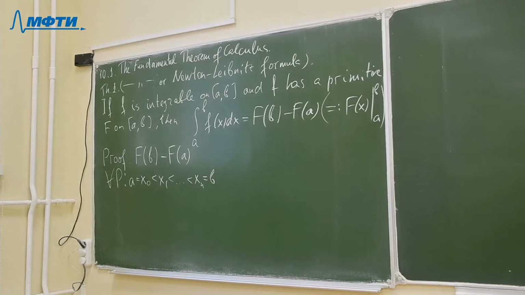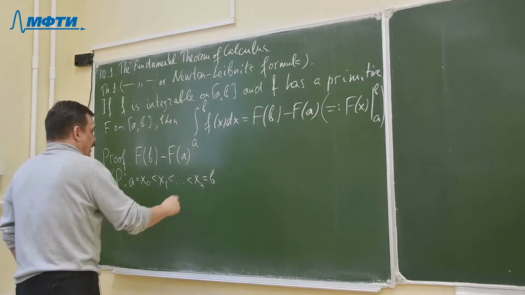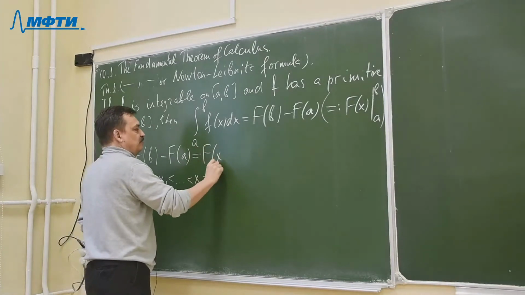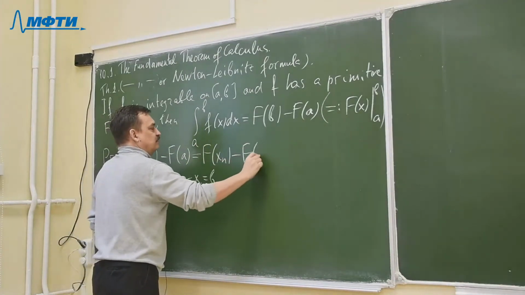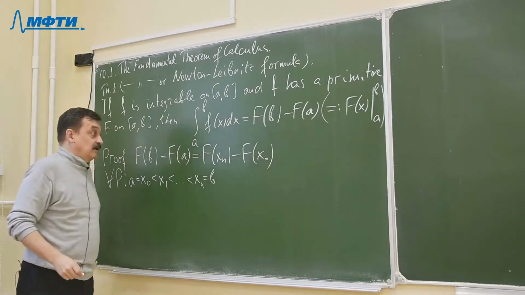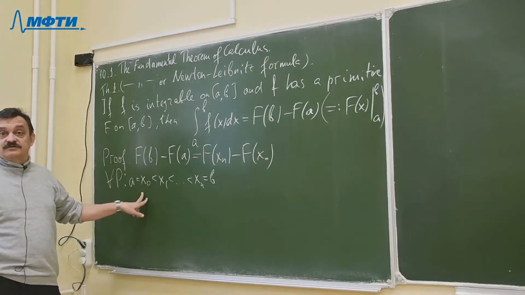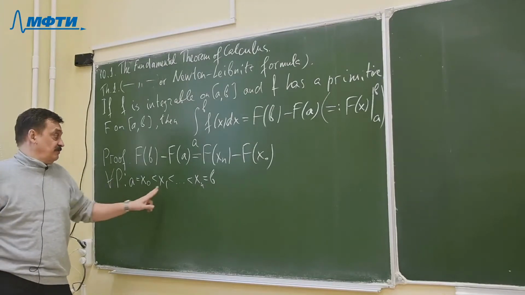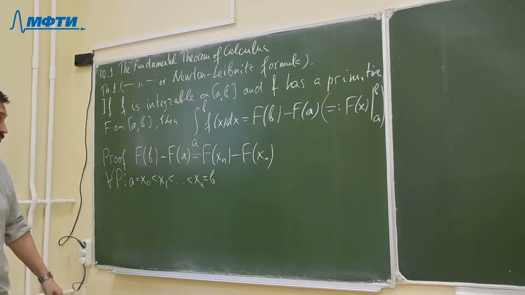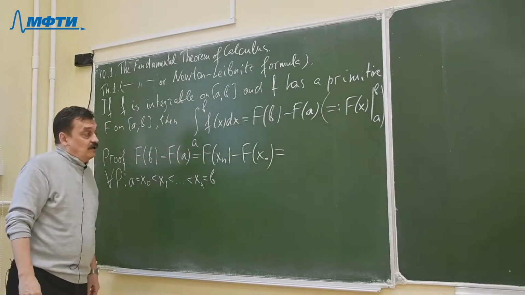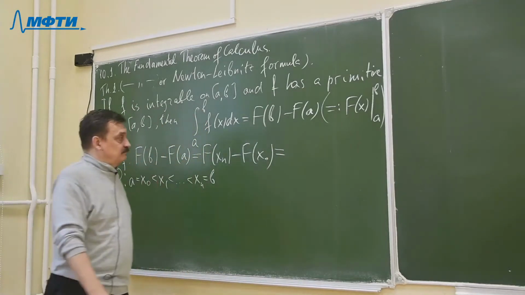If we take an arbitrary partition, then this difference can be expressed firstly like that, right? Just the difference of the values of capital F at points xn and x0. And then we apply a telescoping sum.